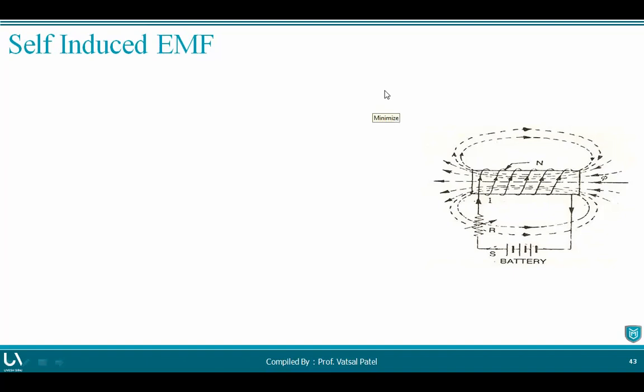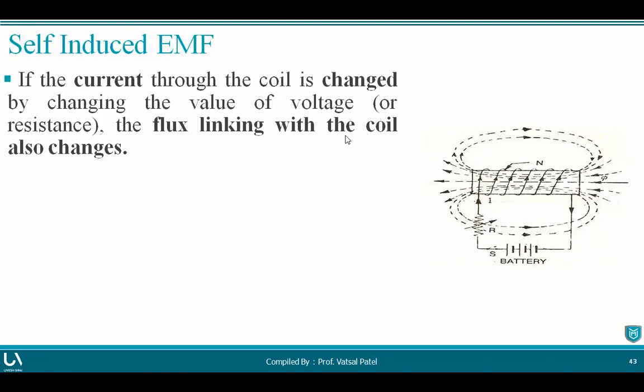One coil. See, this is one coil. Only one coil you have in this diagram. It is showing one coil, and that is a number of turns around the core that form a coil. So it looks like this.